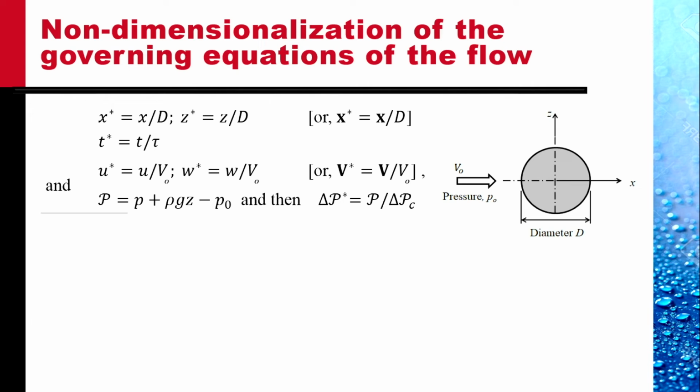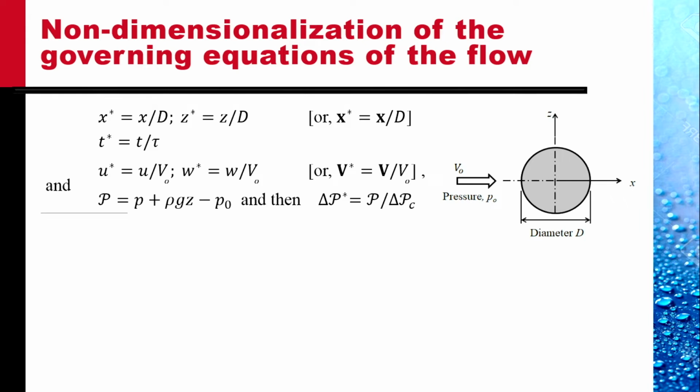We consider the problem of flow about a circular cylinder. The far upstream velocity is V naught with the pressure P naught. And we introduce the normalizing quantities d for the lengths, tau for time, where tau is yet unknown, and V naught for velocity.